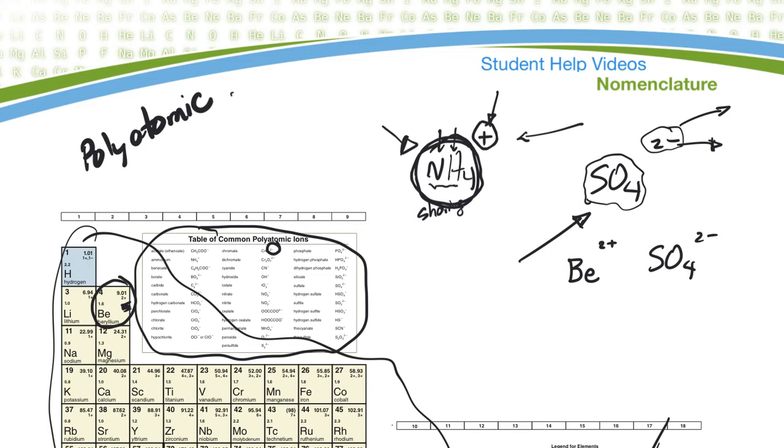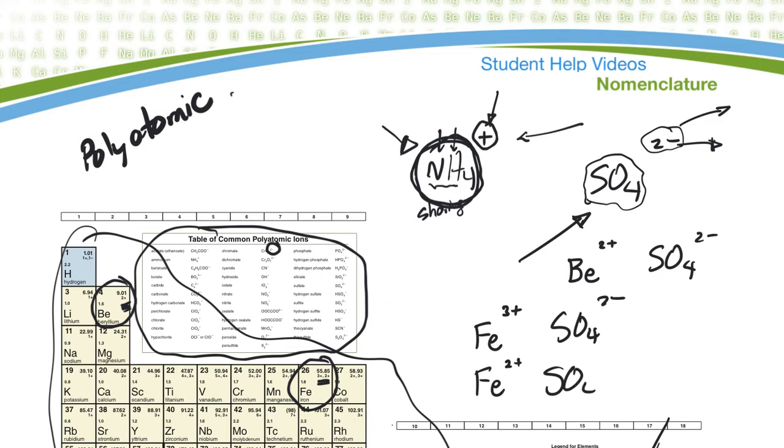So it would be beryllium sulfate. Now, if I hooked it up with iron, iron has two options. Since there's two options, this is going to be a type 2 compound. So anything that contains iron is going to be a type 2 compound. So it could be an iron 3 plus or an iron 2 plus sulfate.